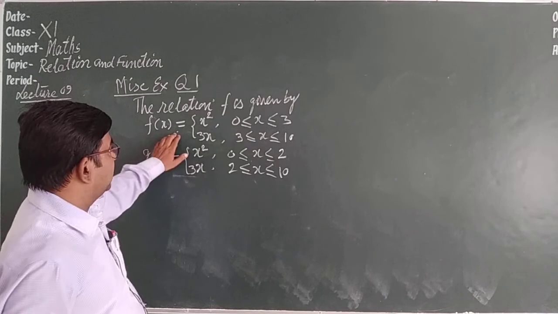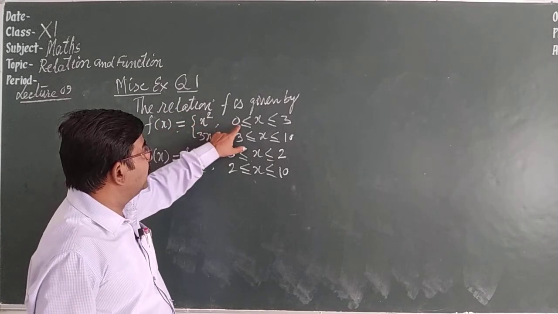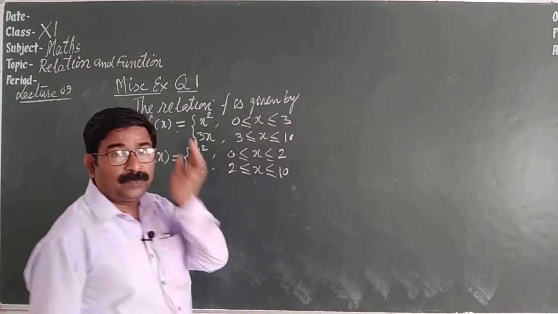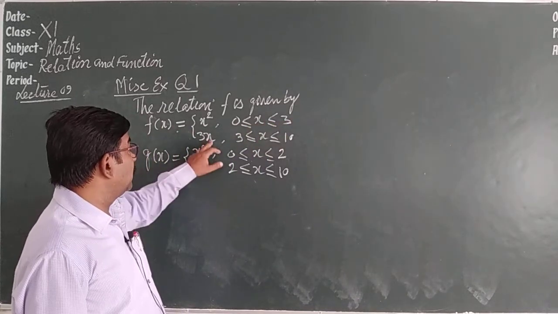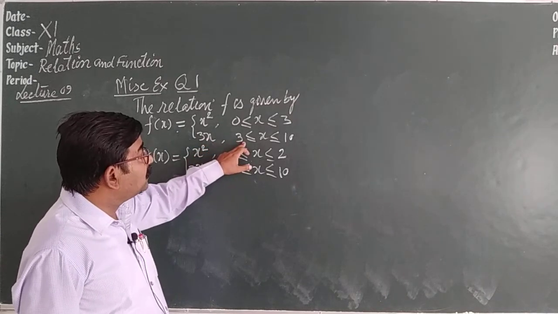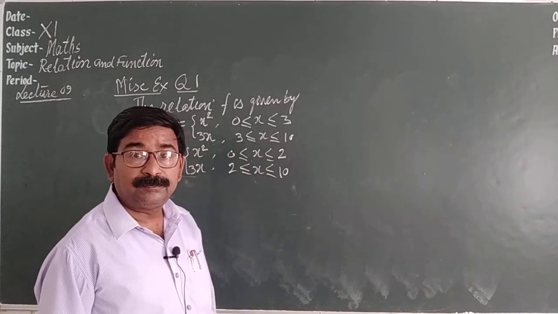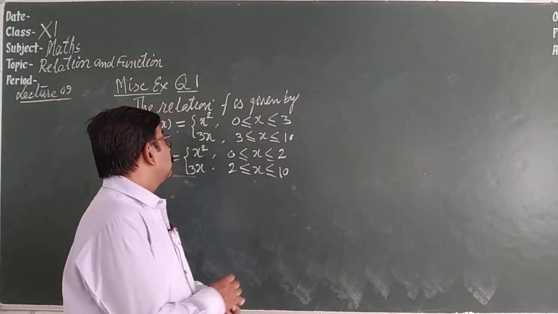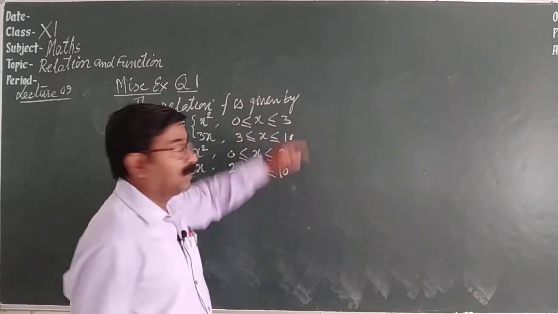Here in f(x), we have x square, and its limit is 0 to 3. Here another function 3x, we have here 3 to 10. Got it? So in both the functions 3 is common.